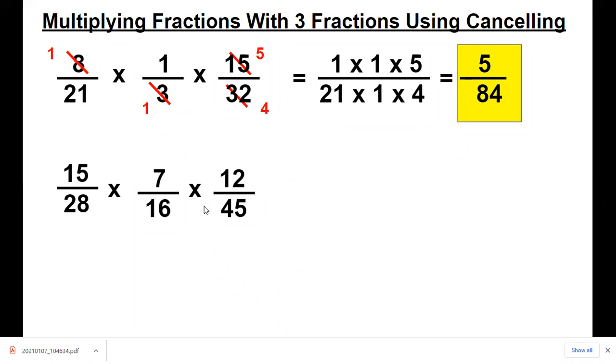The 15 will divide evenly into the 45. I can divide a 4 into 12 and 16, and I can divide the 7 into the 28. So I got lots of stuff I can do here. Let's start with the big one, 15 and 45.